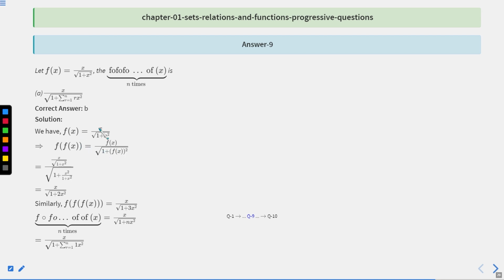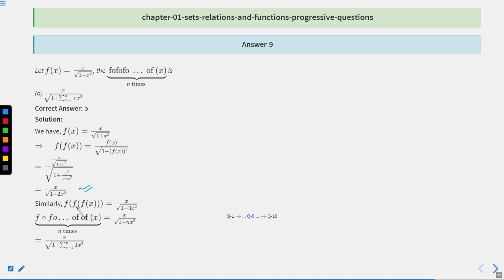We put f(x) in place of x. So f(x) upon root over 1 plus f(x) square. So what is f(x)? x over root over 1 plus x square. So x² upon 1 plus x². So f(f(x)) after solving comes out to be x upon root over 1 plus 2x².